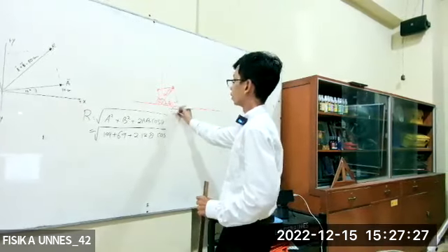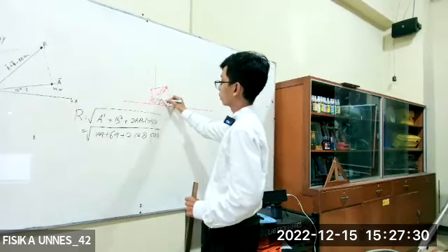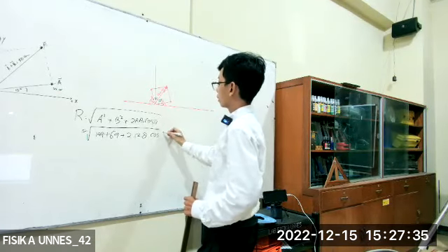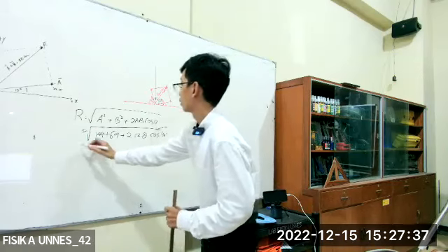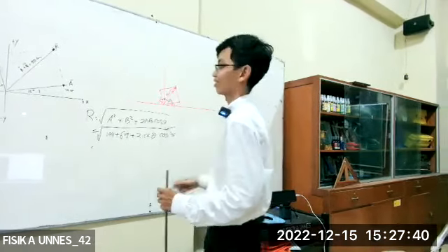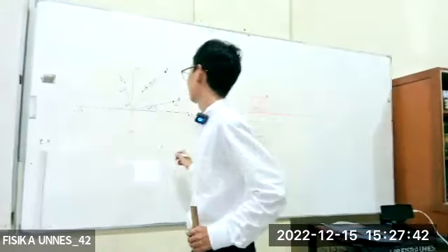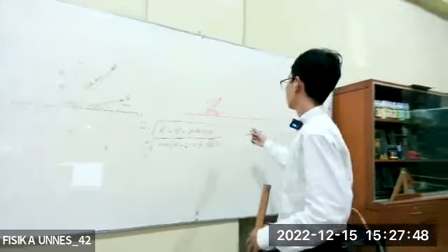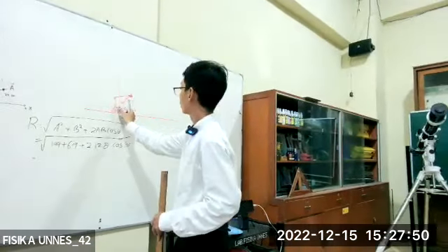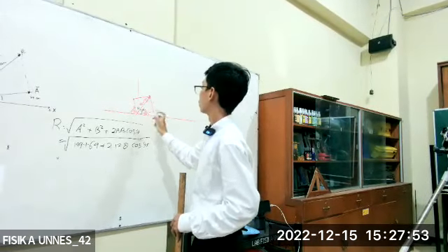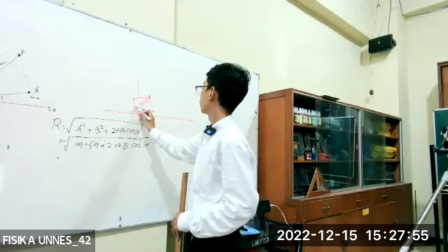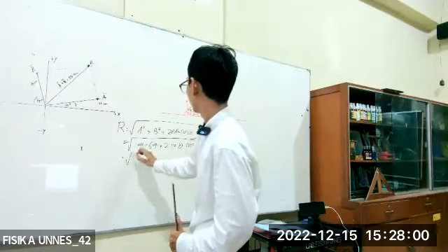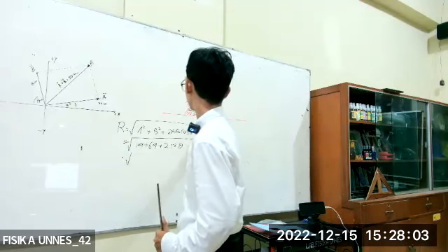So it is 90, 60 with 15. 75 and 15 degrees, so it's 90. Cosine 90 is, and we're using sine.